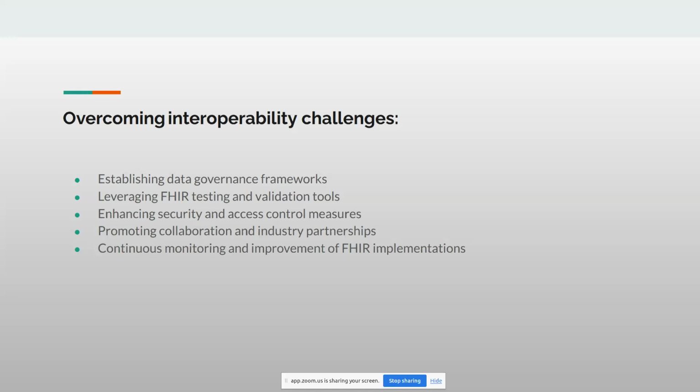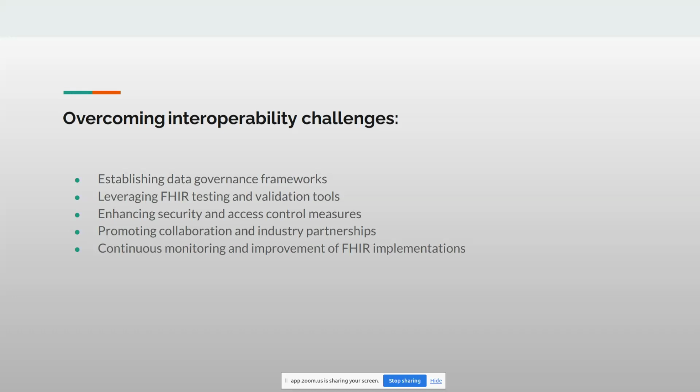This kind of industry partnership facilitates the sharing of resources, expertise, and use cases, so that more interoperable solutions are developed and more innovations can be done in this field.